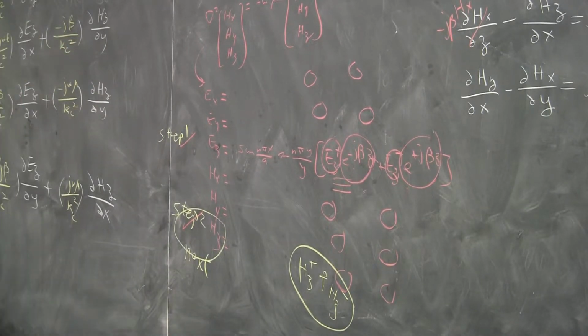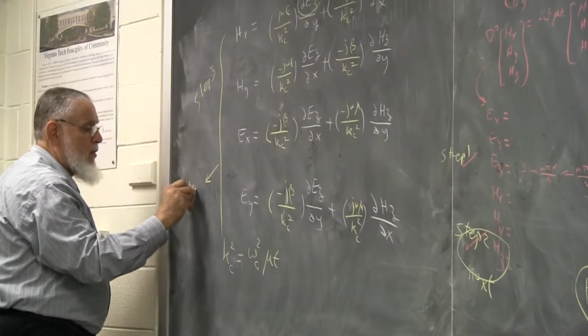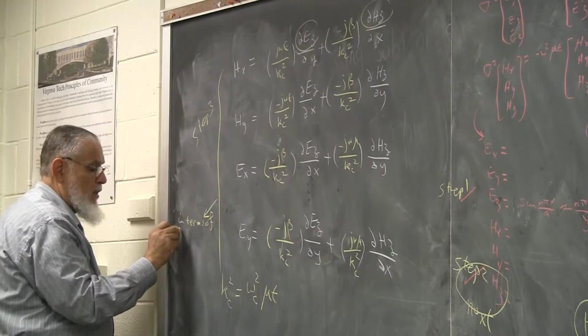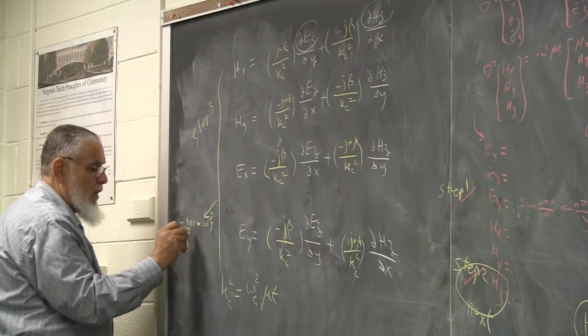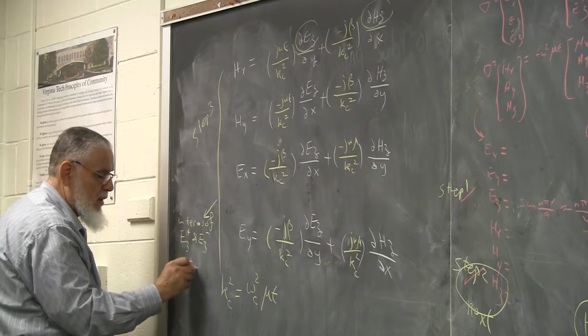So all your solutions here will be in terms of E sub z plus and E sub z minus, H sub z plus and H sub z minus.